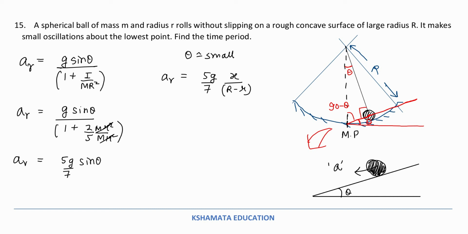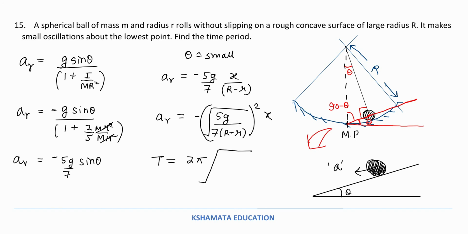We are subtracting the radius of the spherical ball, and hence a_R takes a form with a negative sign: minus 5g by 7(R minus r) times x, that is omega square x, and hence the time period of motion turns out to be 2 pi root over 7(R minus r) by 5g.